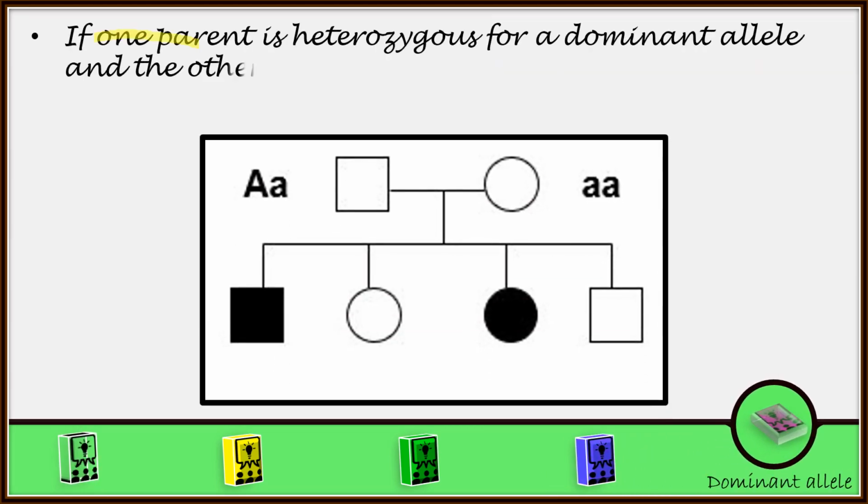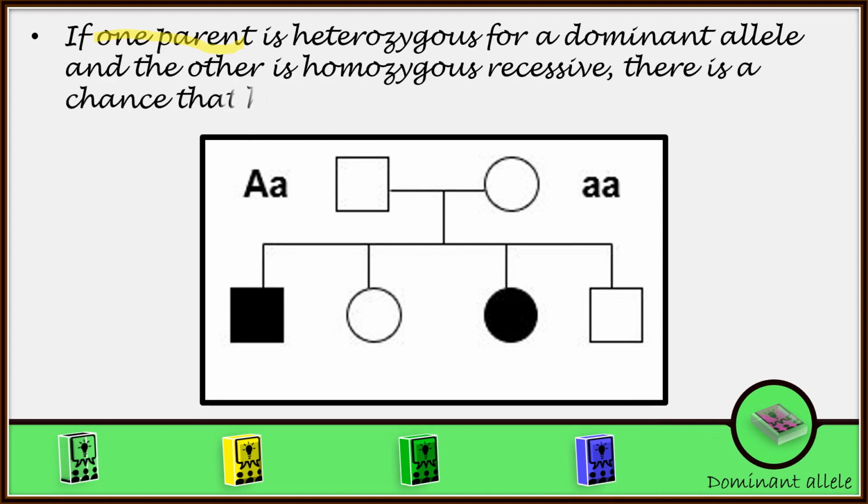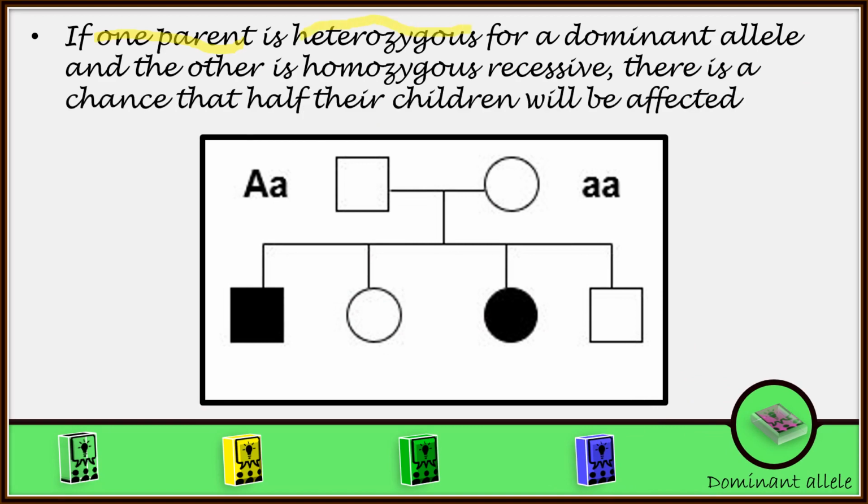If one parent is heterozygous for a dominant allele and the other is homozygous recessive, there is a chance that half of the children are going to be affected.